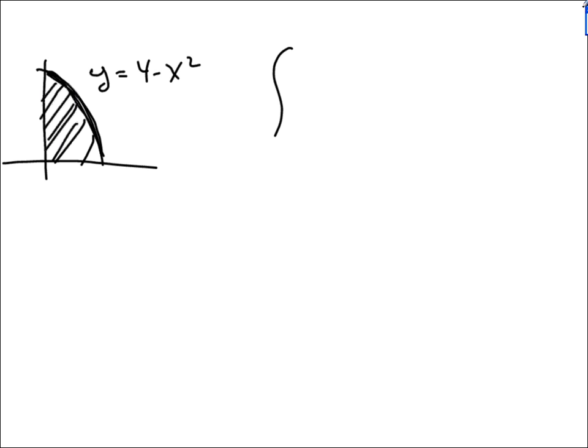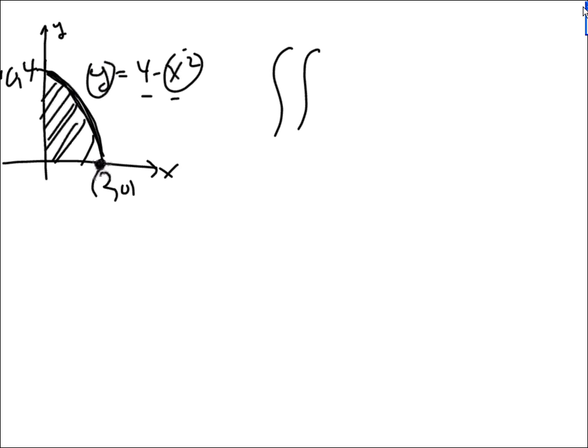So we can set up a double integral. Now, it turns out that this is 2 and this is 4 at the top. Make believe that's even given. I mean, you should see it. 2 squared is 4. 4 minus 4 is 0. So when x is 2, y is 0. And that is (2, 0). And when x is 0, 4 minus 0 squared is 4.